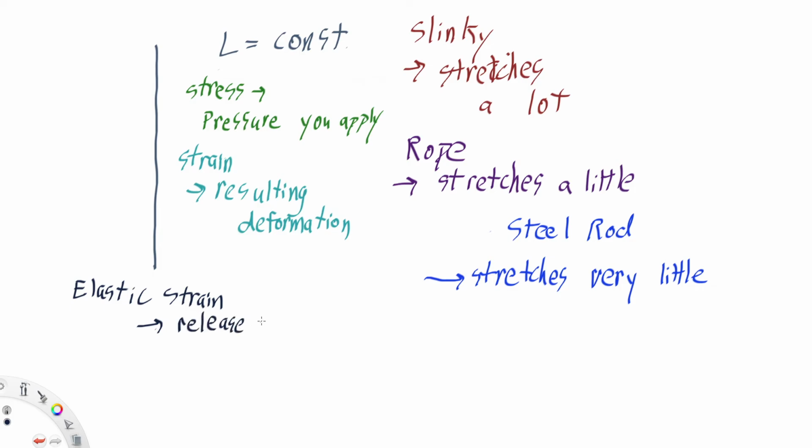So release the stress, and the deformation goes away. This is the kind of strain that you see when you tug on a rope, right? If you tug on a rope, it stretches a little bit. And then if you stop tugging on the rope, it goes back to its original length.